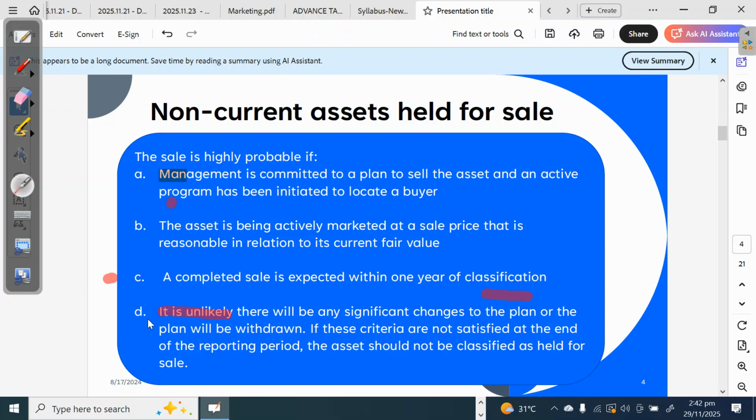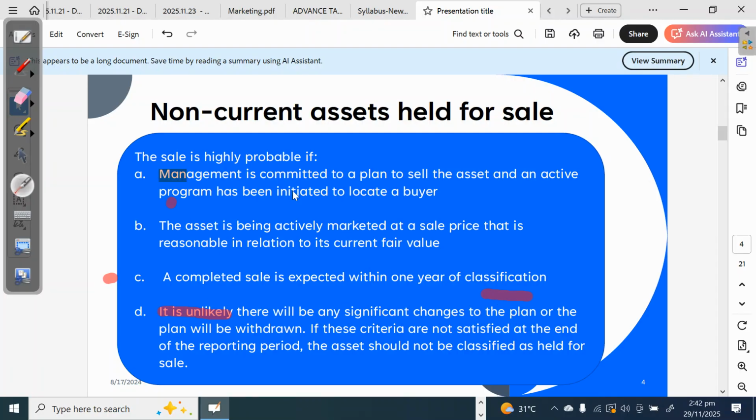Number D, it is unlikely there will be any significant changes to the plan or that the plan will be withdrawn. So it's saying that we are not going to change our minds on selling the asset. Once we have decided to sell the asset, we are not going back.